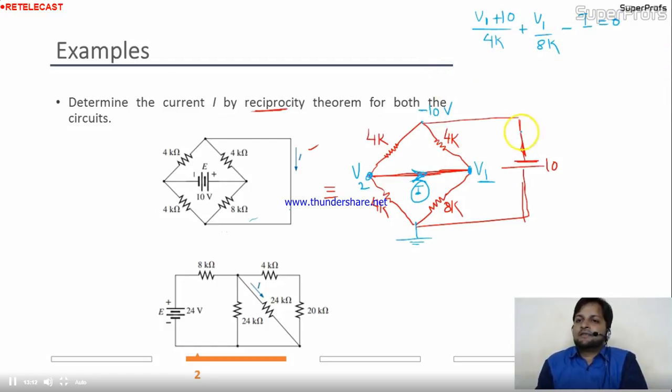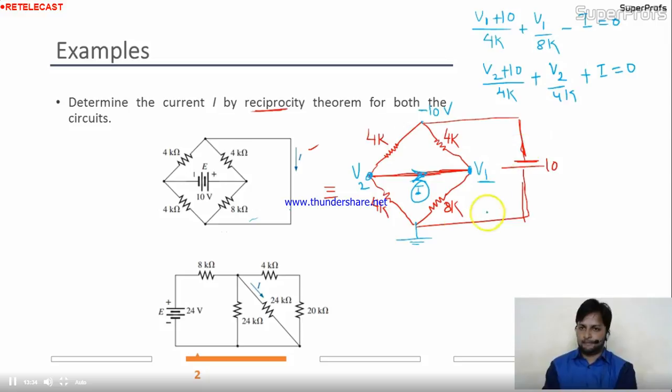Is it okay? This is equation 1. The equation 2 is V2 upon 4K plus V2 by 4K again, and this is the outgoing current equal to 0. Is it okay to you?